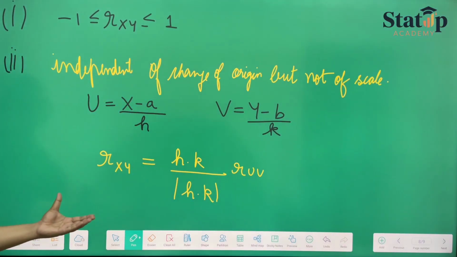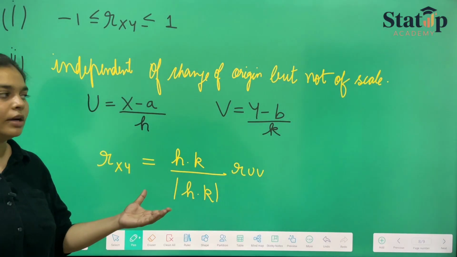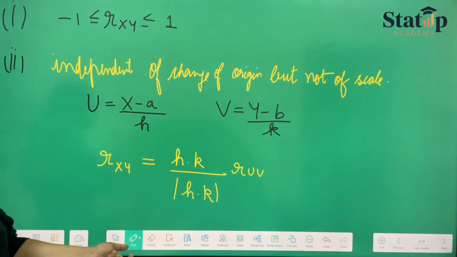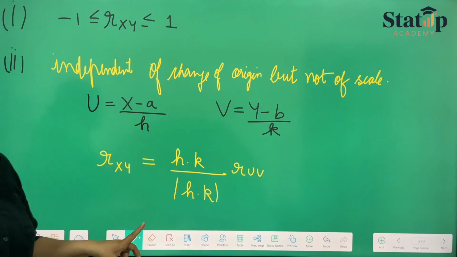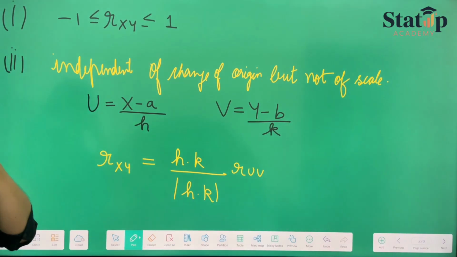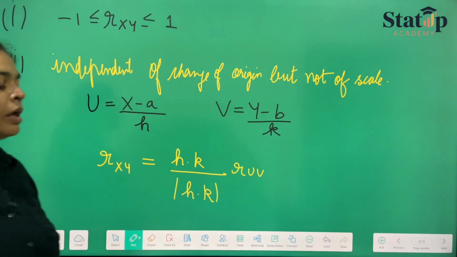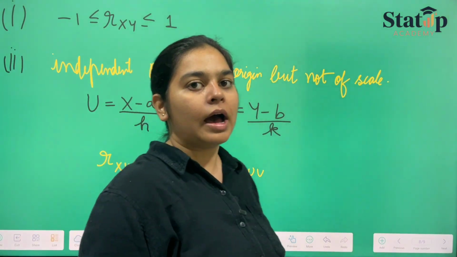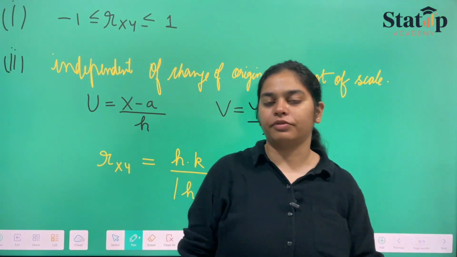This is how we denote it, because it is independent of origin, so a and b are useless for us, but it is not independent of scale, so h and k are useful for us for calculating purposes. Okay, these were the properties of our Karl Pearson's correlation coefficient.